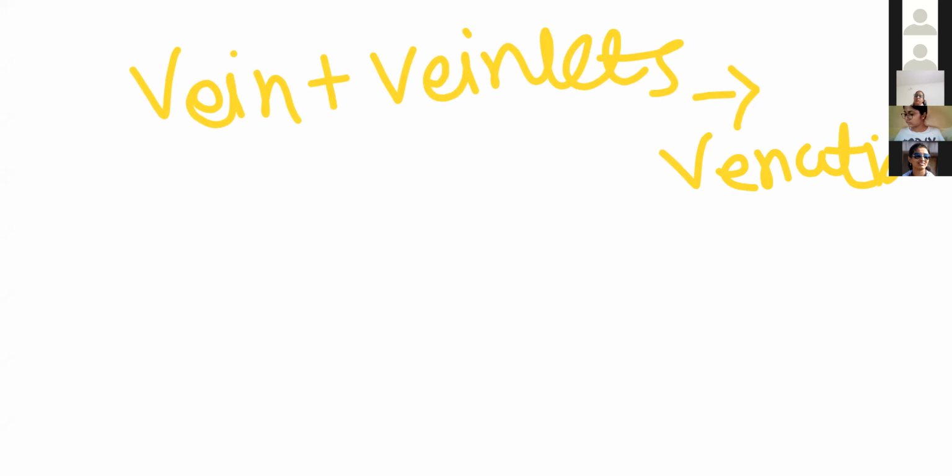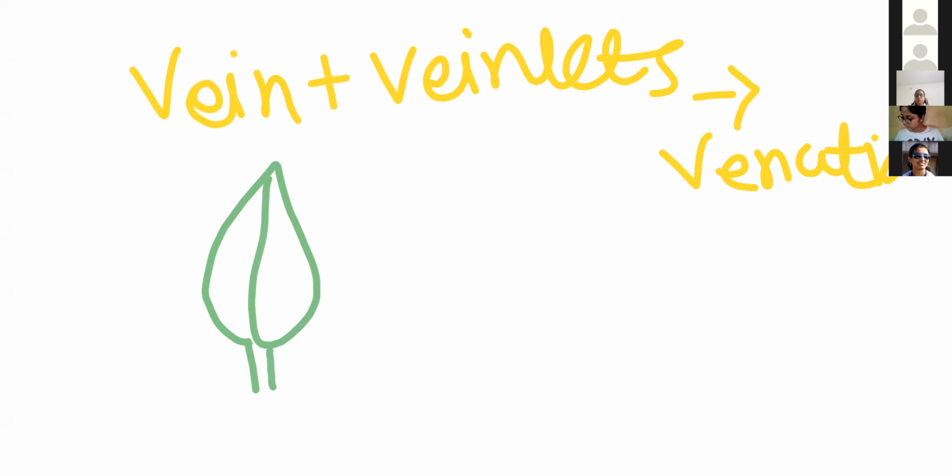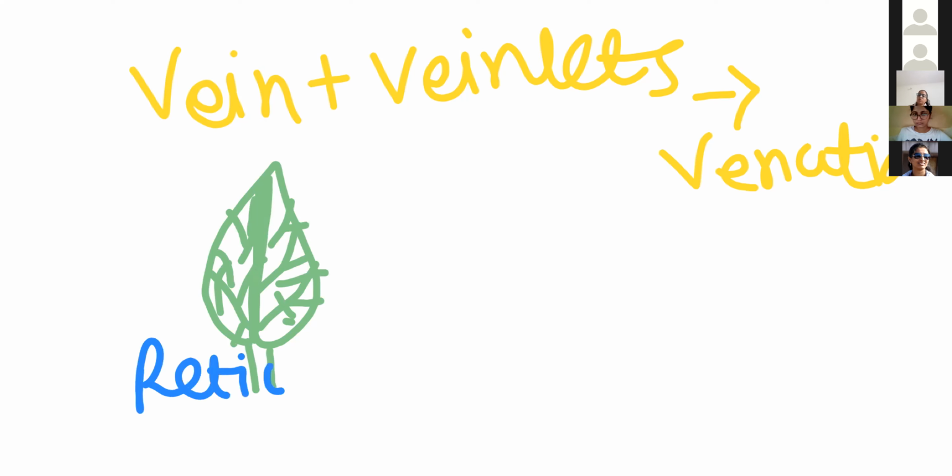Only two types of venation are there. In a leaf, this is the midvein, the main vein, and from that the branches arise that form a network-like structure. That we call reticulate venation.